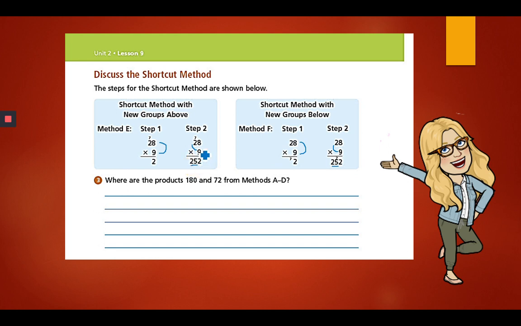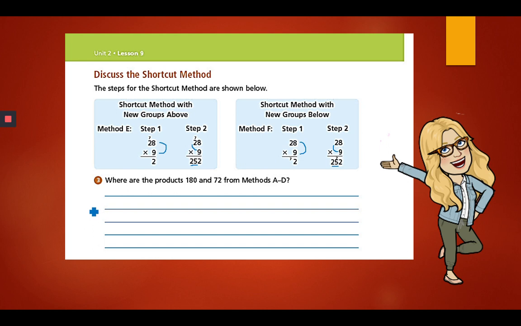So our 180 is hiding inside of that 250 right there, because the 180, we added 70 to it and got 250, and then we added the 2 ones to it, and we had 252.